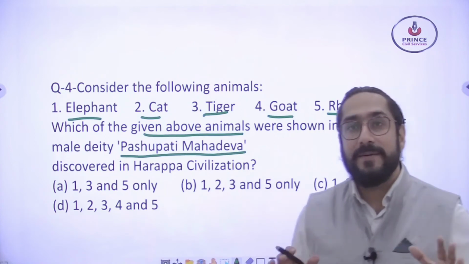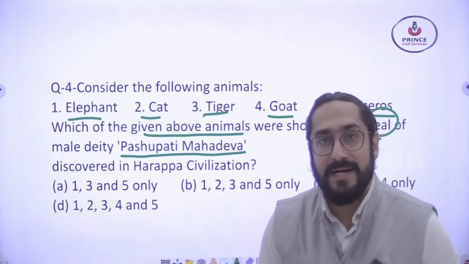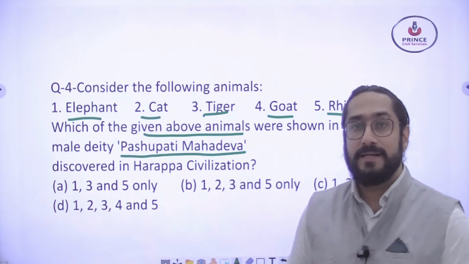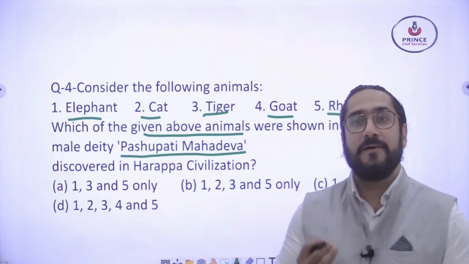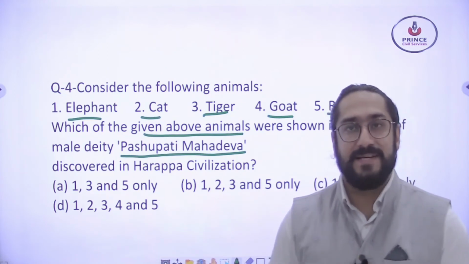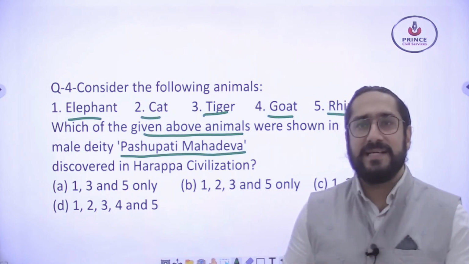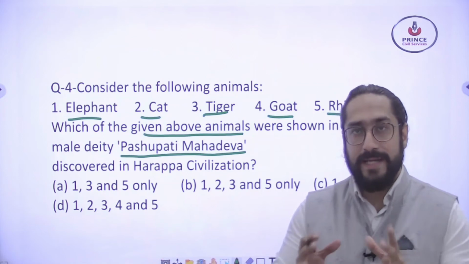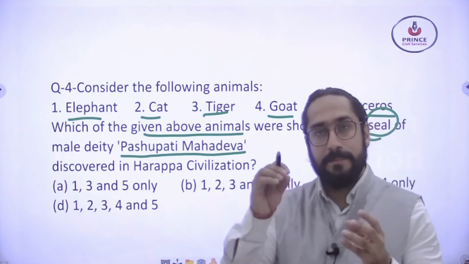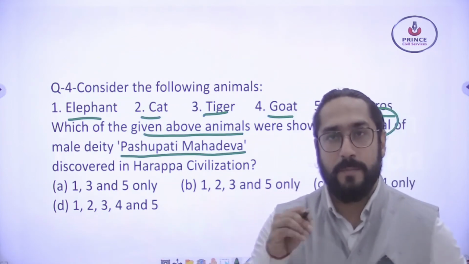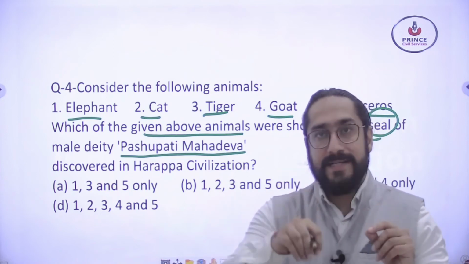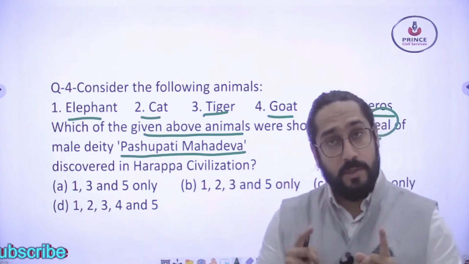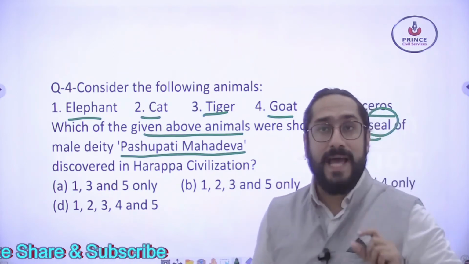You must have heard about Pashupati Mahadev, that is the Proto Shiva seal, a very famous seal found from Indus Valley Civilization. In that seal, there are some animals surrounding the sitting yogic posture. There is a male deity sitting in a yogic posture, and that deity is surrounded by some animals. The question is asking, what are those animals?